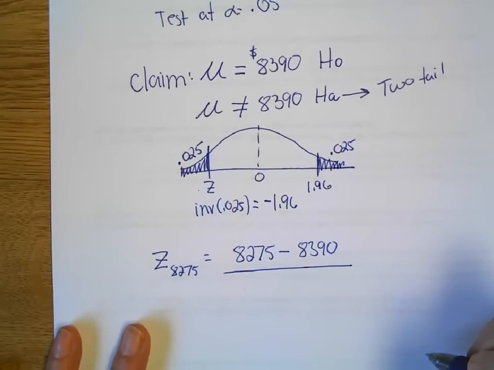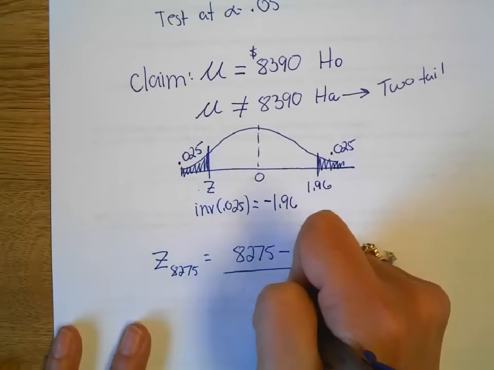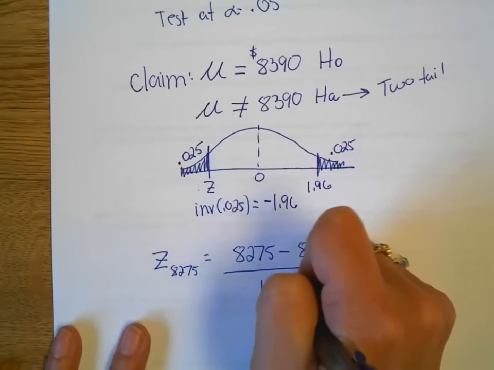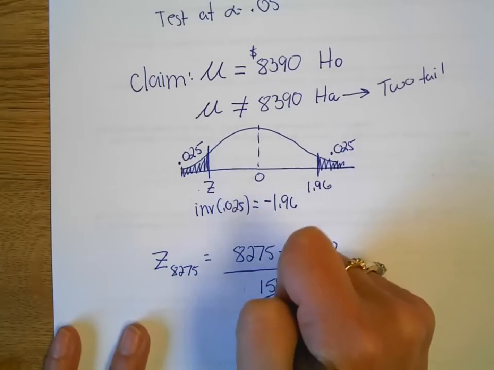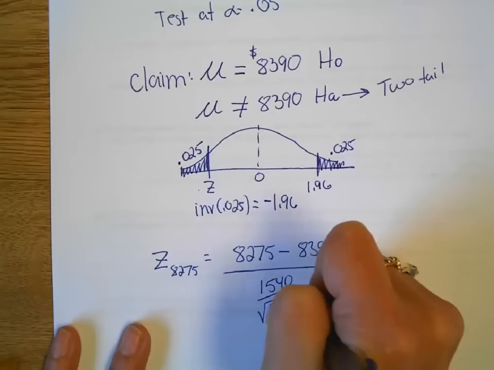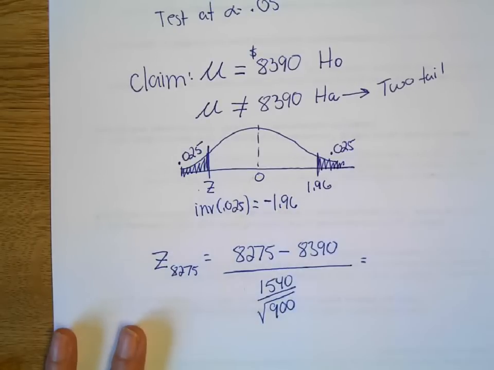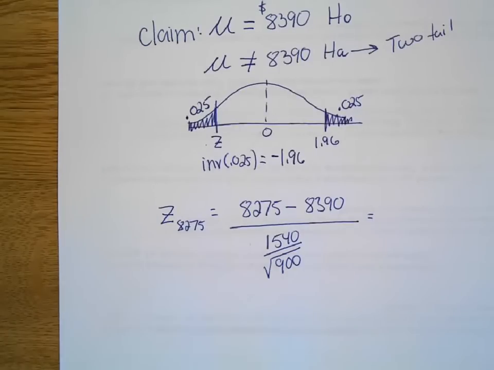And then your denominator is the standard deviation over the square root of the sample size. Negative 2.24. Sounds reasonable.